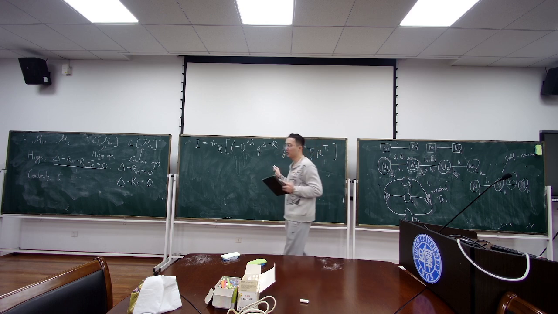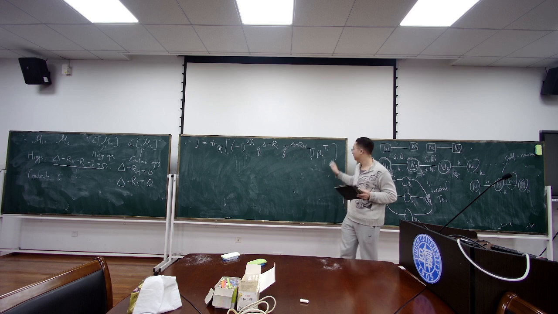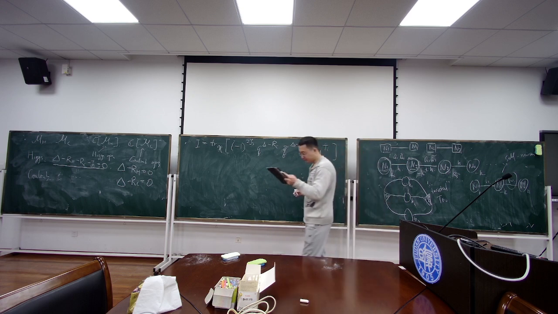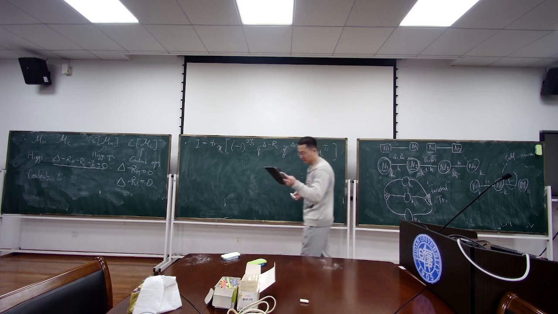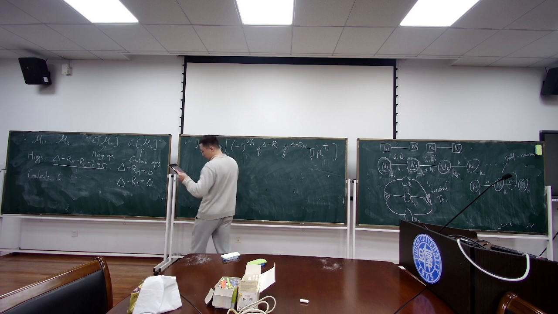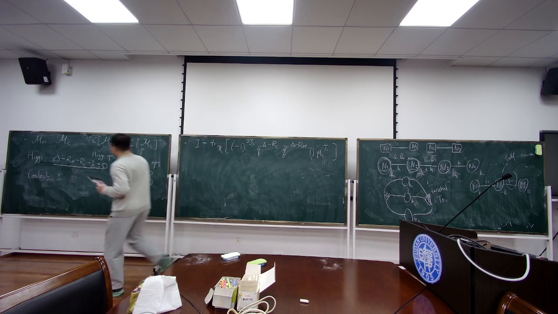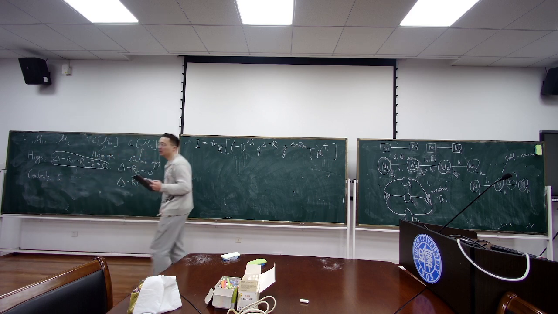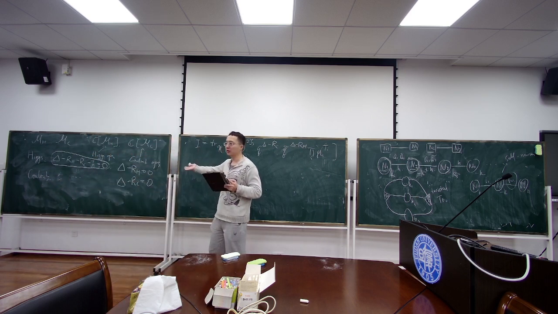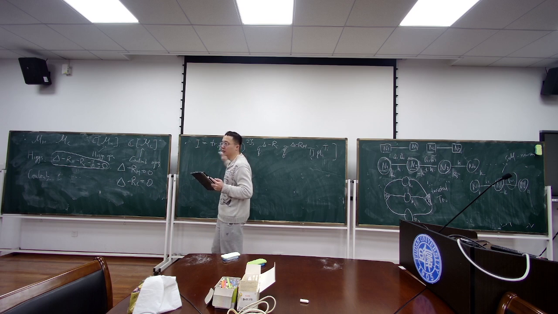But in our case, I gauge every flavor symmetry, so we don't have this part. Well, there may be some topological U1 that come. So this Hilbert space is a sum over all the Hilbert space satisfying this BPS condition. So apparently the Higgs and the Coulomb operators are counted in the index.